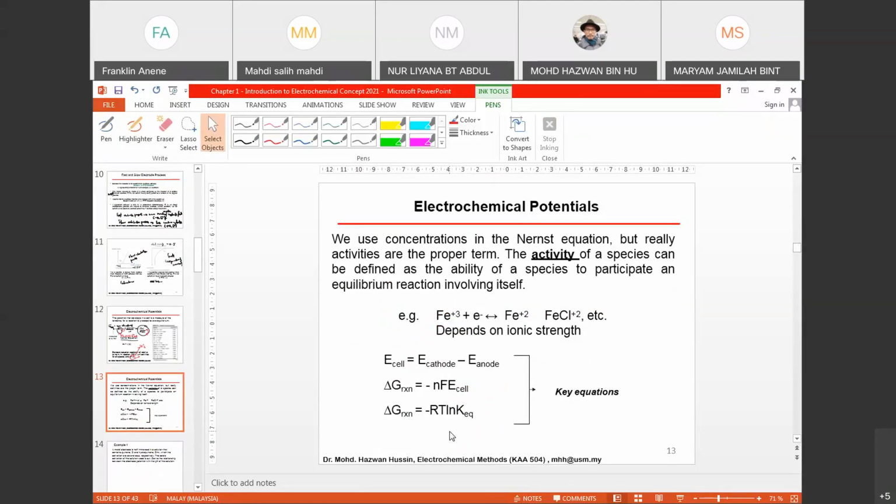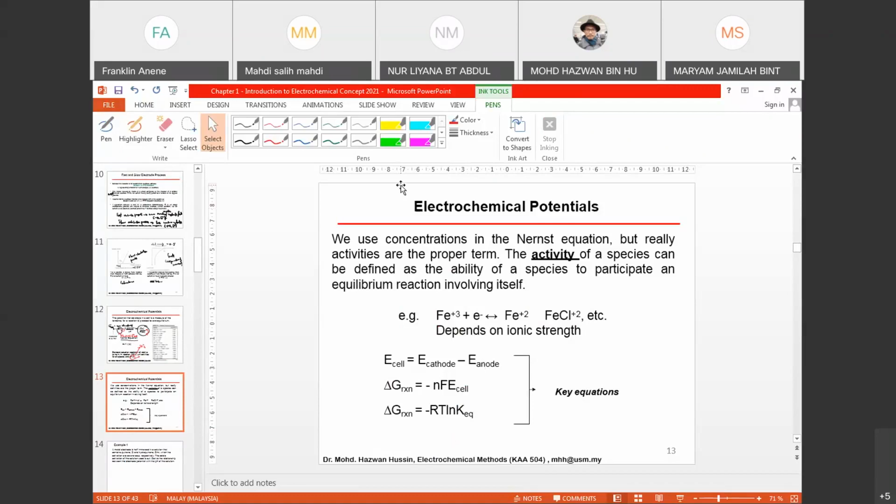When we use the concentration in the Nernst equation, but actually, as I said, activity will be the most appropriate form. The activity of a species can be defined as the ability of the species to participate in equilibrium reaction involving itself. Okay.